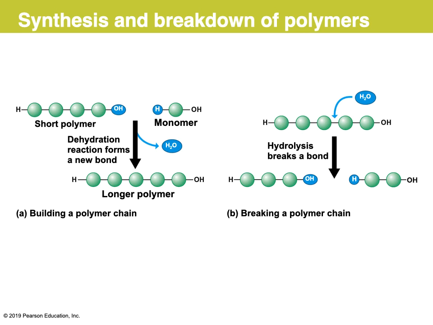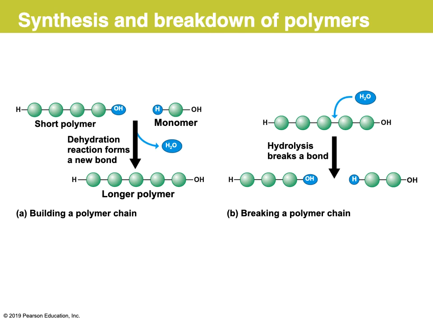So here's a little illustration of that. So again, on the left-hand side, you can see a short polymer. On the right-hand side, you can see a monomer. And so to stick that monomer onto the growing polymer, dehydration synthesis is going to remove the components of water from each of those 2 reactants, if you will.